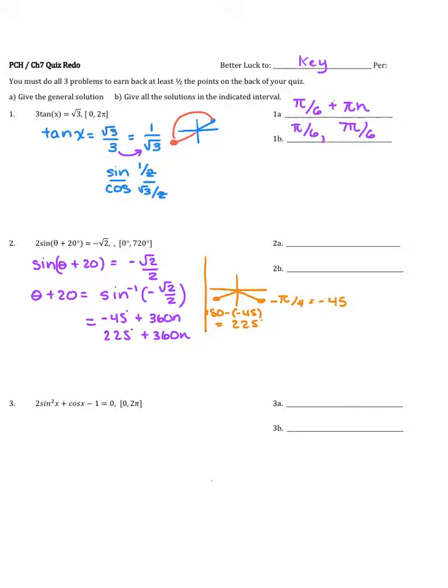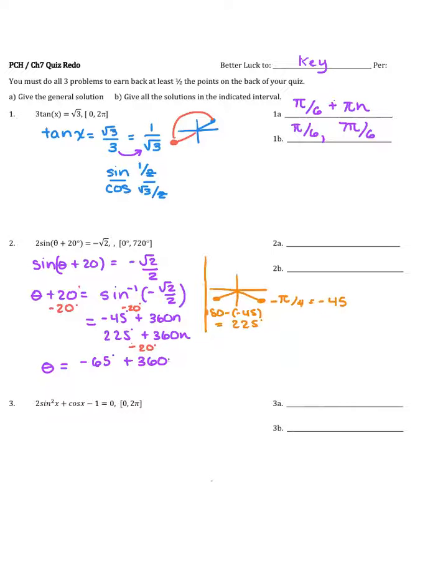So I still have to subtract 20 degrees. Notice I had split this up into 2 equations because you now have to subtract 20 degrees from each one of these individually. You can't do it as just one equation anymore. And so what you get as a final solution is negative 45 plus a negative 20, so that's going to give you negative 65.